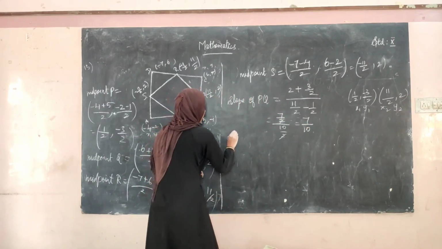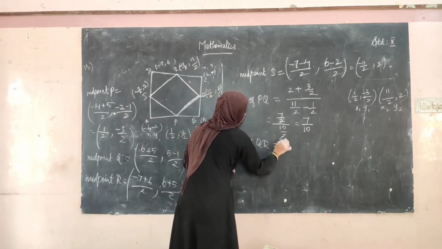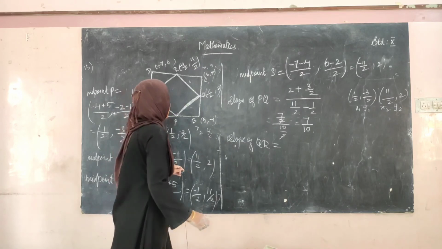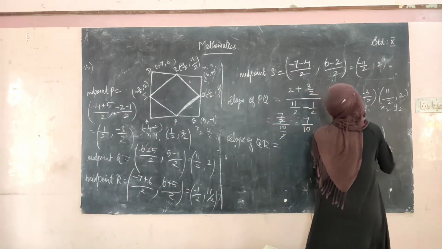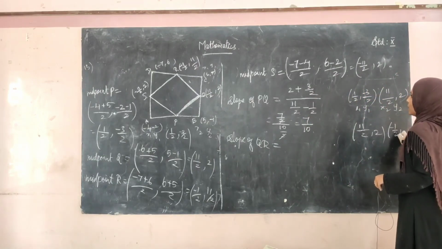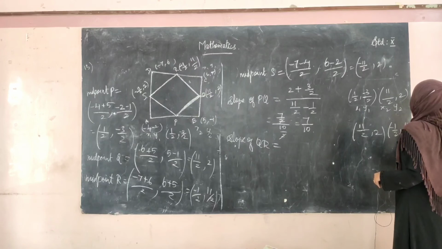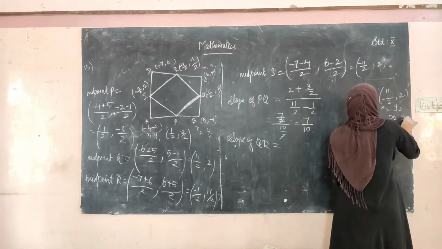Okay, and then slope of QR. What are the points? The points are (11/2, 2), and R is (-1/2, 11/2). So you have to take this as x1, y1, x2, y2.